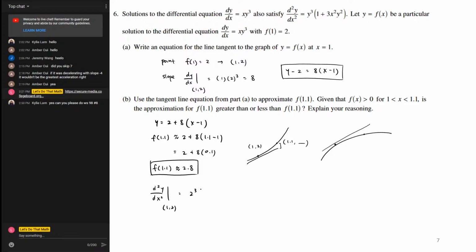That's going to be 2³ times (1 + 3 times 1² times 2²). So that's going to be 8 times (1 + 12), 13. And that's positive, right? So that means it's concave up. So we have this concave up scenario.